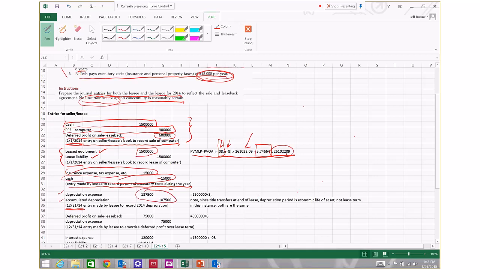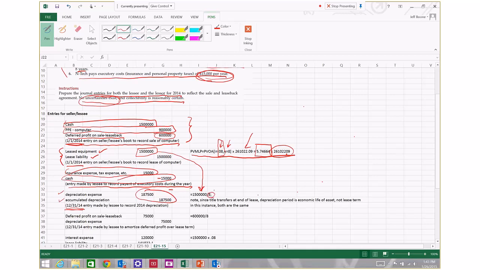The amount here is calculated by taking the amount at which they booked the equipment in this journal entry, 1.5 million, subtracting from that guaranteed residual value. Well, there is no guaranteed residual value, so the depreciable base is just the 1.5 million.